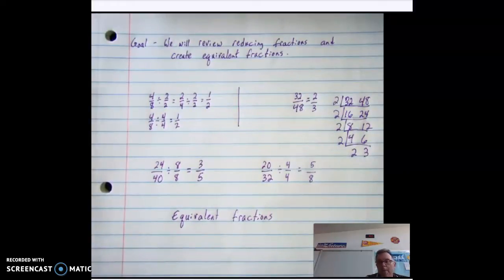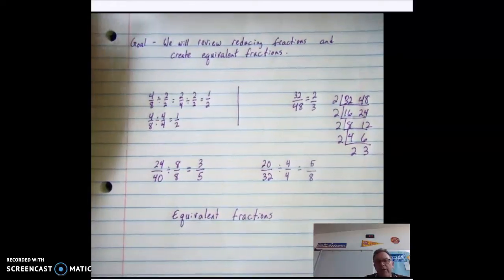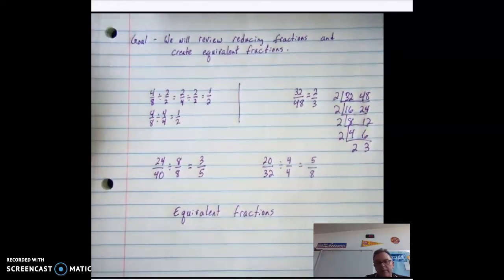If I have a paper dollar, 10 dimes, 4 quarters, or 100 pennies, which one of those is more money? Well, they're all the exact same amount of money, so they have the same value. What they are is they're in a different form. So when you think about equivalent fractions, it could be bigger, it could be smaller.